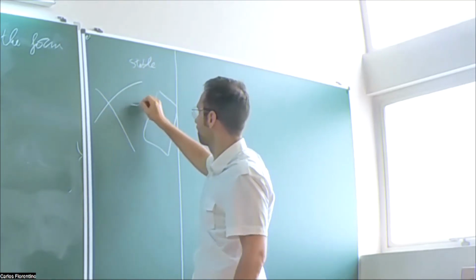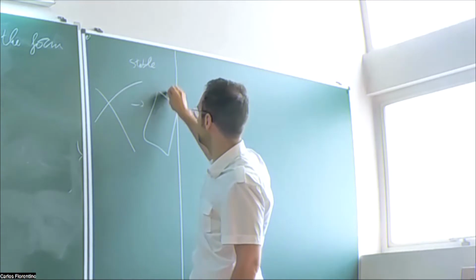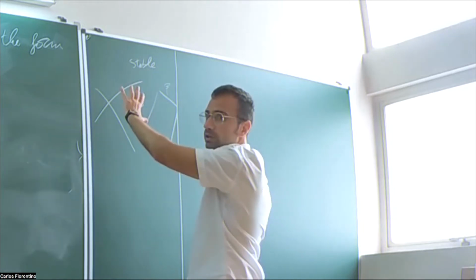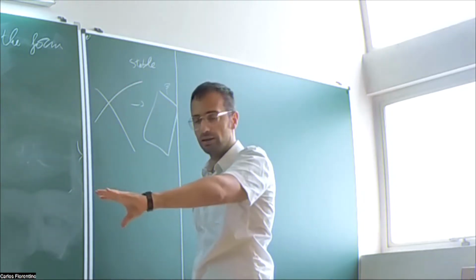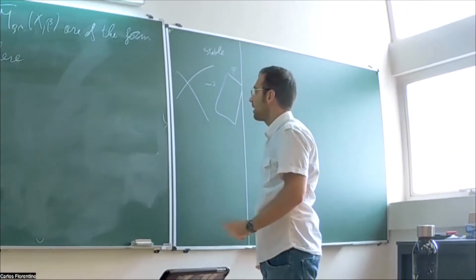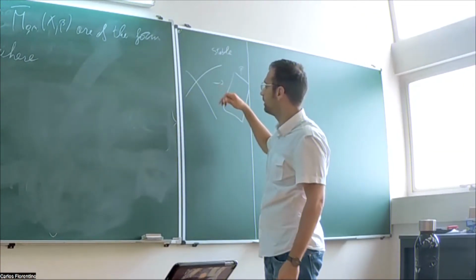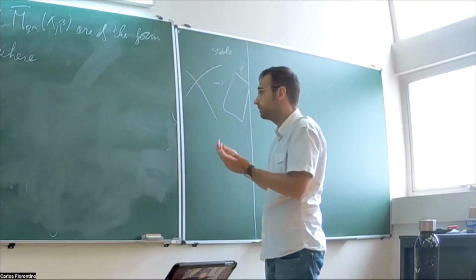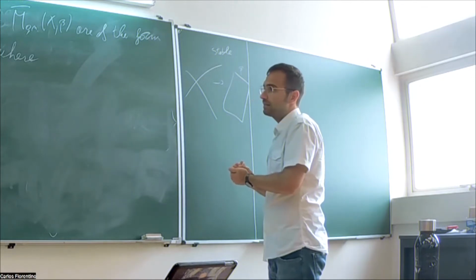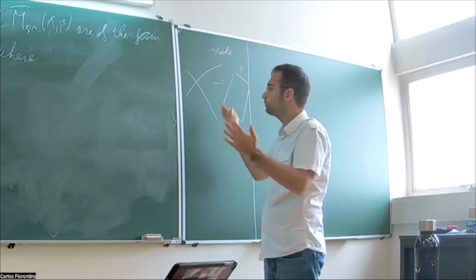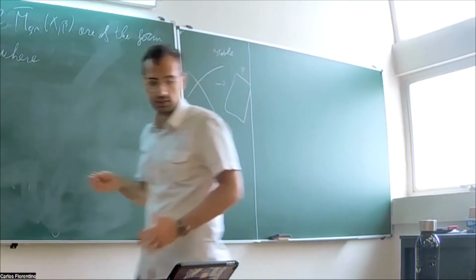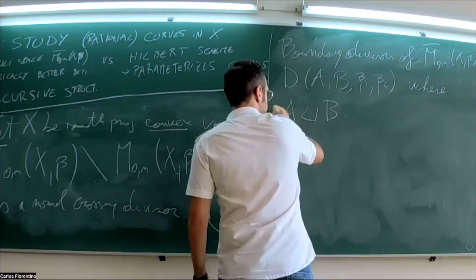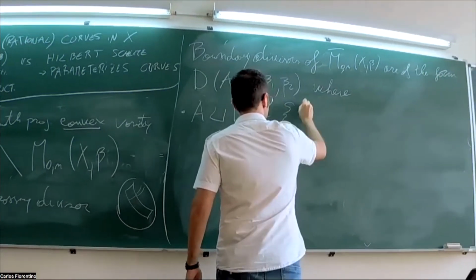The degree of the image must be beta. So in these two components, we need to have all the marked points. And each component must be mapped to some curve, or it can be contracted. So basically, this divisor parameterizes all possible combinations of these objects. So what do I mean? A and B are disjoint sets, and the union is all the marked points.